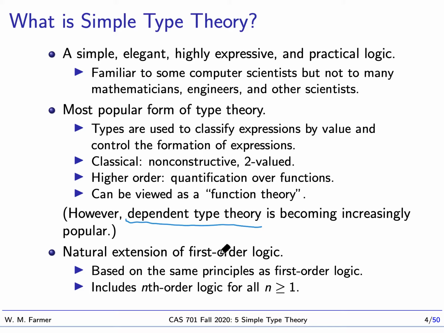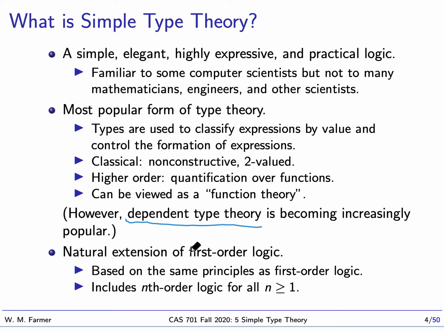Now, simple type theory is non-constructive and two-valued. So it's a completely classical kind of logic. It is higher order in the sense that quantification is over functions, and it can be viewed as a function theory. So this is often of interest to people who do functional programming, because in many ways, simple type theory can be viewed as the underlying logic for many functional programming languages.